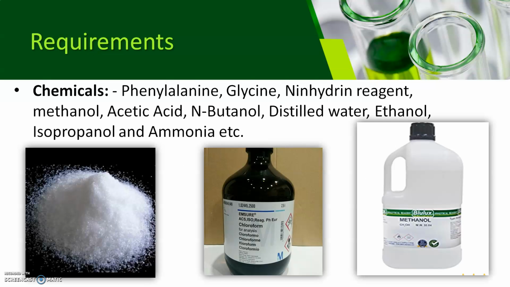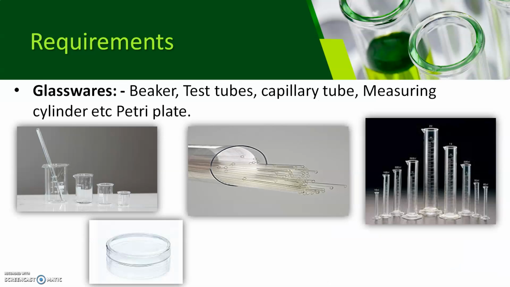These are the requirements. Chemicals: phenylalanine, glycine, ninhydrin reagent, methanol, acetic acid, butanol, distilled water, ethanol, isopropyl alcohol, ammonia, etc., or other types of solvents such as chloroform and ethanol, which we can use as per the requirement.